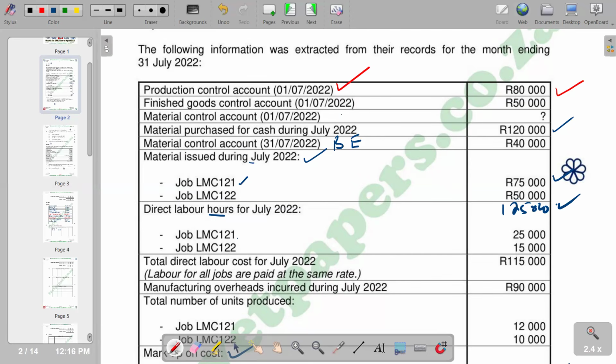And remember, at this 125,000, the double entry is that we are crediting material control with 125,000, and then we are debiting production control. So production control again, before we enter this entry, we check in terms of the opening balance of production control, which is given as 80,000. So we go and see on the production control as our opening balance.